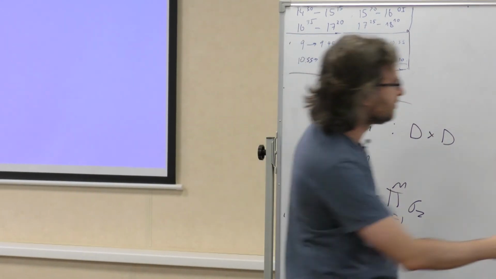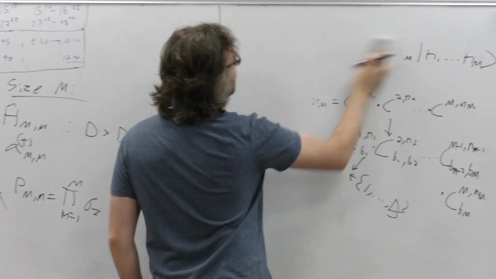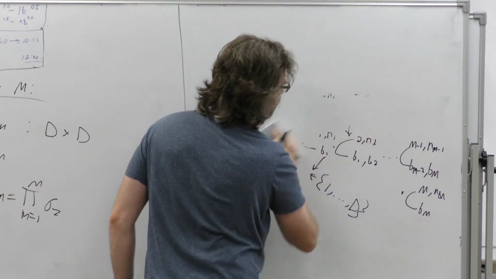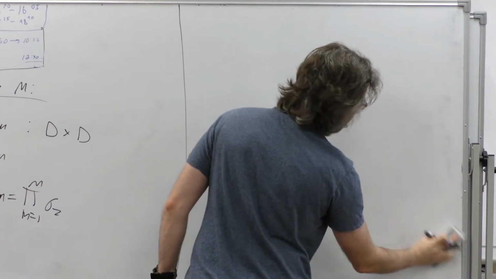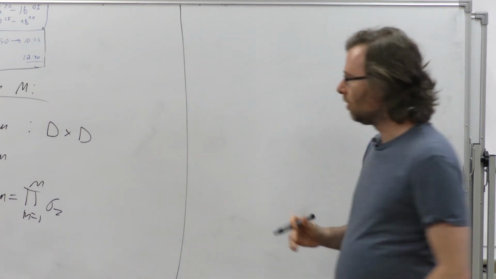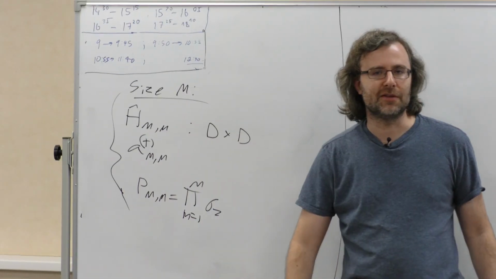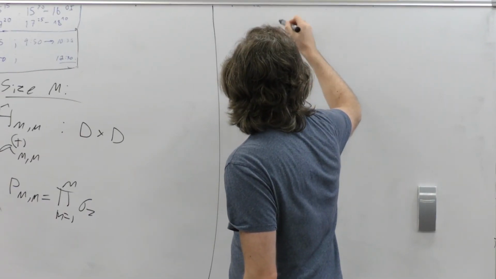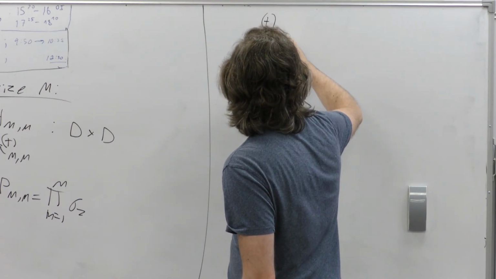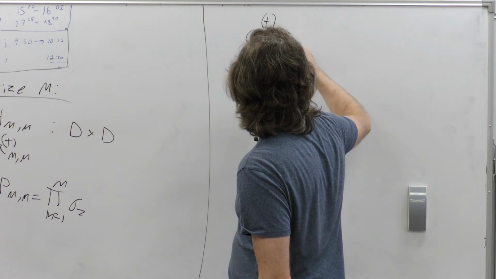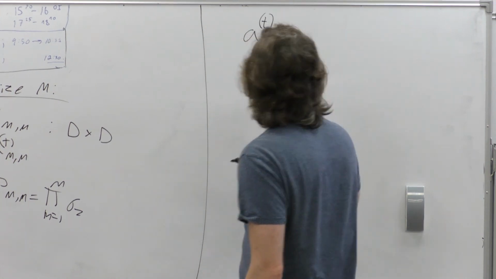What I will do now is I will add a site to the system. So to add a site, first of all, I have to have the operators in a system which is of size m+1. So I will need a dagger at site M in a system of size m+1.